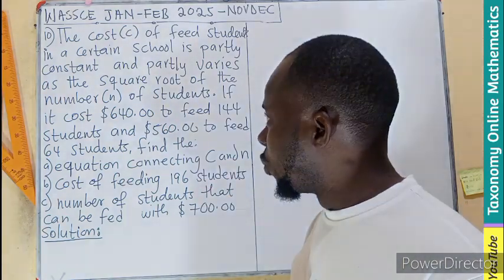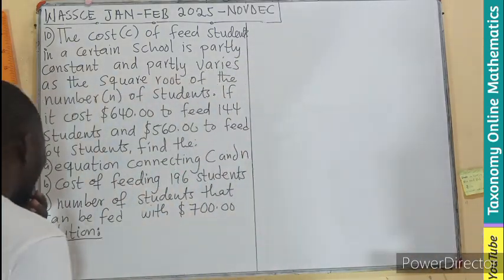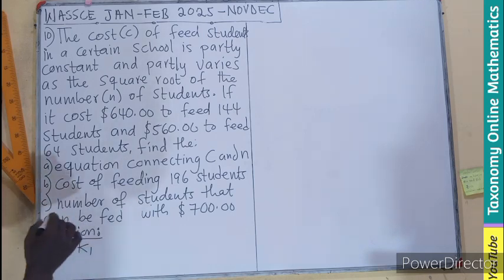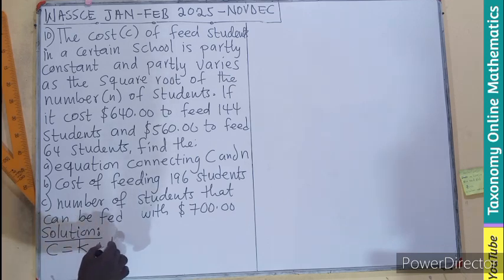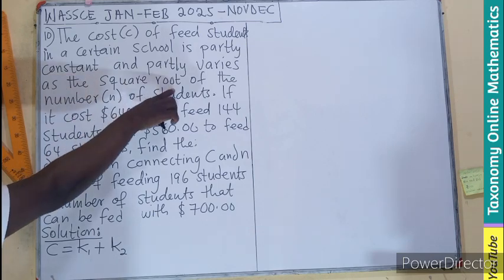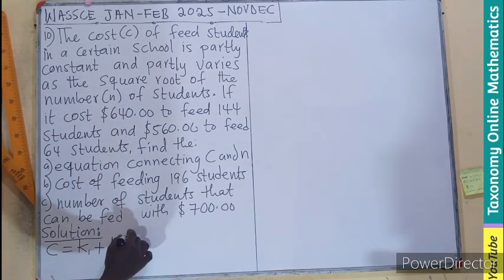So let the first constant be K1. C is varying partly as the constant K1, and at the same time varying as the constant K2, and this constant of proportionality is varying as the square root of N. So this is the equation that we are having.